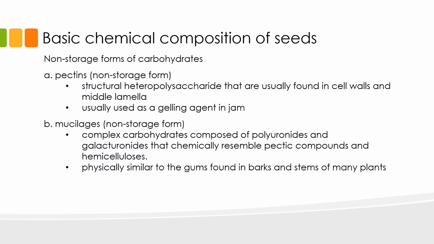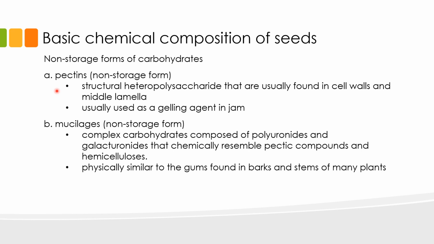Aside from the storage carbohydrates, seeds also have non-storage carbohydrates in the form of pectins and mucilages. Pectins and mucilages usually have a different function aside from providing food for the embryo during germination. Pectins are structural heteropolysaccharides that are usually found in cell walls and middle lamella.